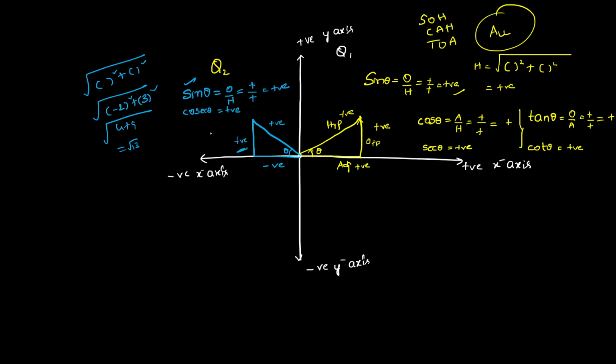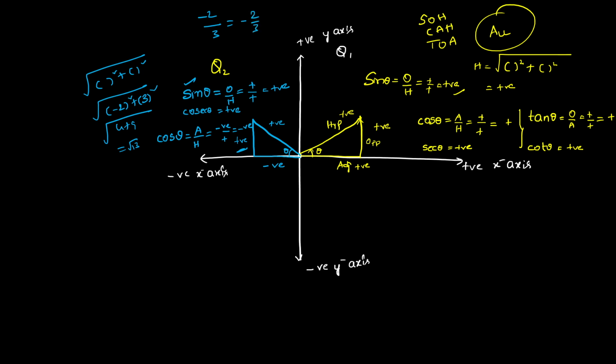And similarly, when we consider cos theta in the second quadrant, cos is adjacent by hypotenuse, adjacent is negative and hypotenuse is positive, so negative by positive is always negative, because minus 2 by 3 is not equal to 2 by 3, it is always minus 2 by 3, so the entire cos theta will be negative.